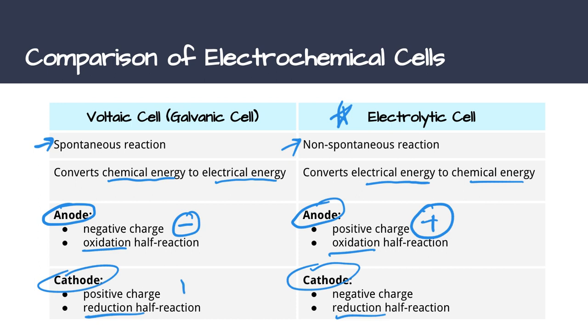In a voltaic cell, it has a positive charge. In an electrolytic cell, it has a negative charge. The way I remember this is our good friend, the red cat. Reduction happens at the cathode, and then the other one, oxidation, happens at the anode. Kind of silly, but it can help you remember where reduction and oxidation happen.